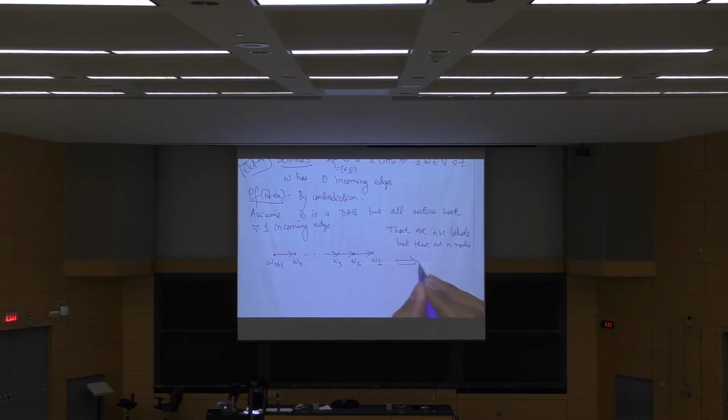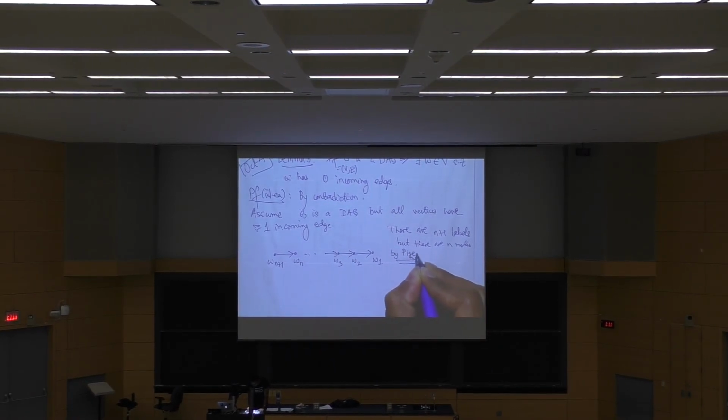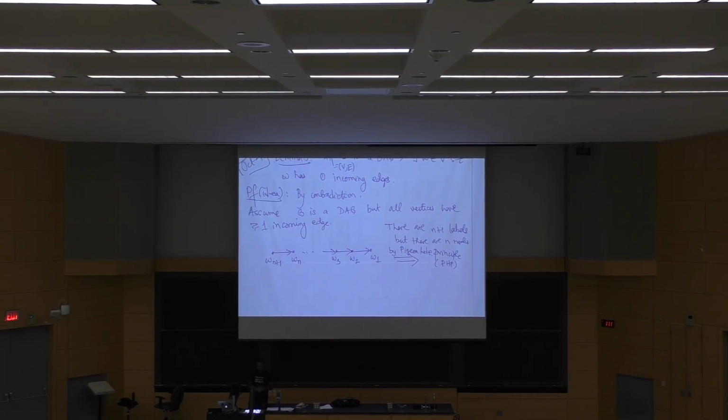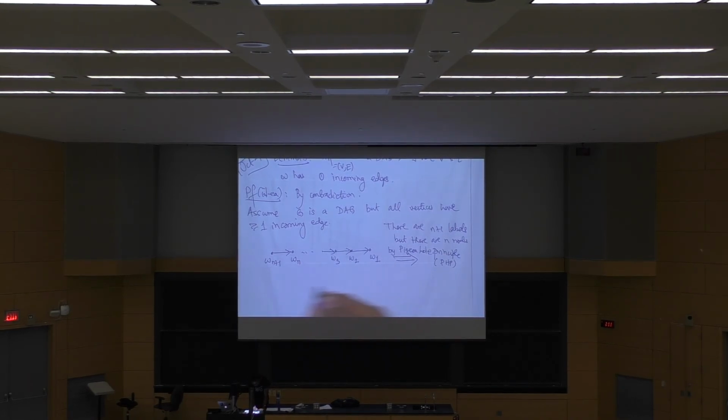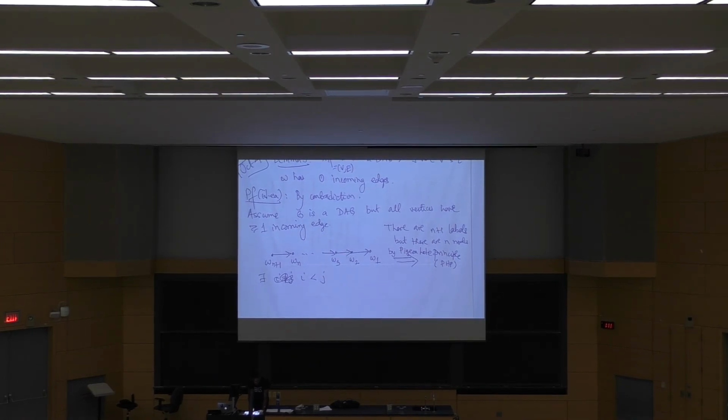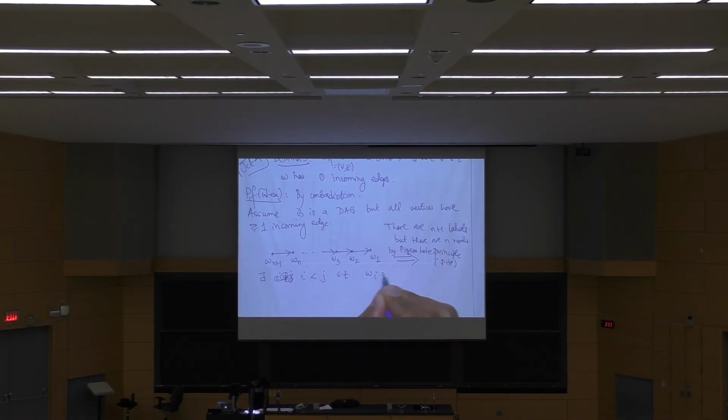So this implies by the pigeonhole principle, there exists i not equal to j, and in fact, let's assume that i comes before j, such that wi is equal to wj. Okay? So all this is saying is if you have more labels than nodes, they have to repeat, and let's say the two repeats are wi and wj, and wi comes before wj. So what's happening over here?